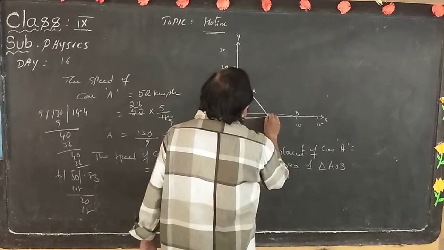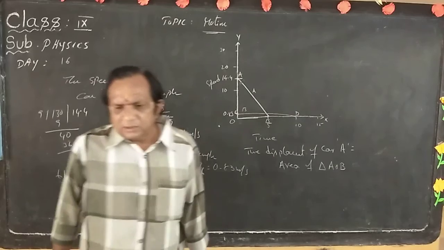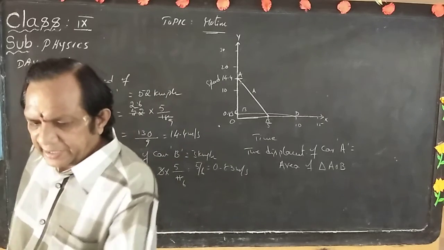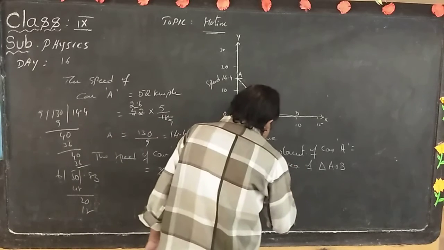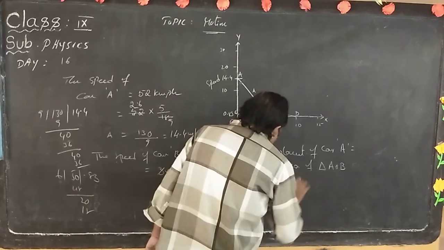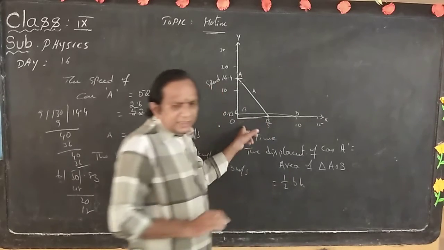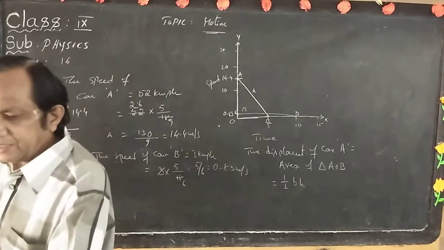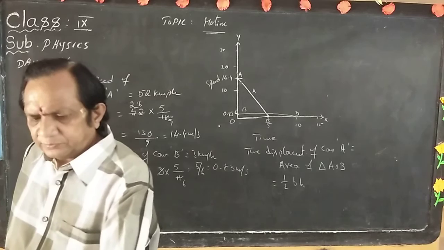This distance, this is the area. So area of a triangle is equal to half base into height, half BH. B is 5 and H is 14.4.